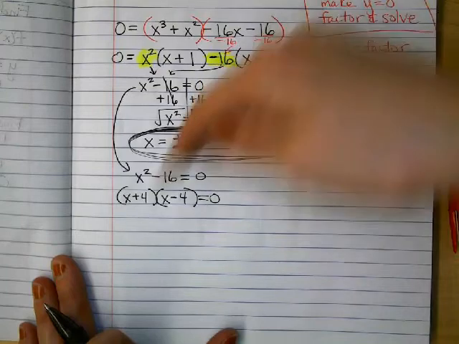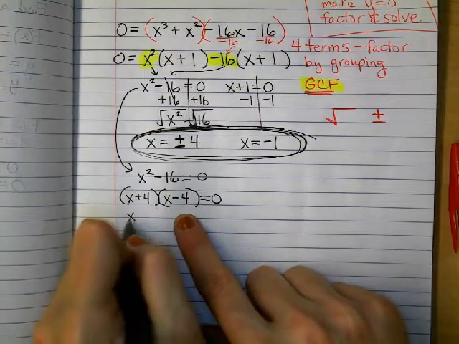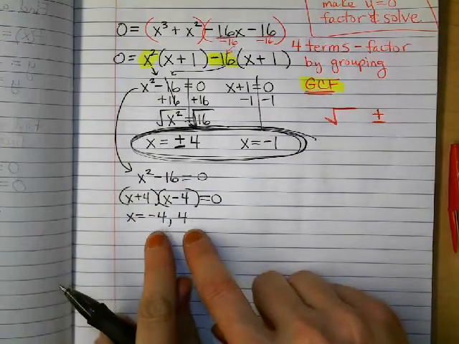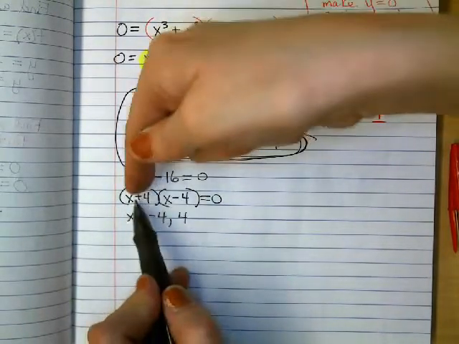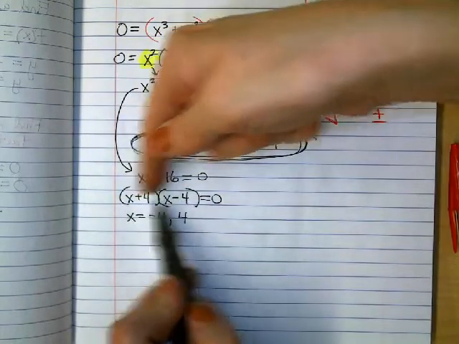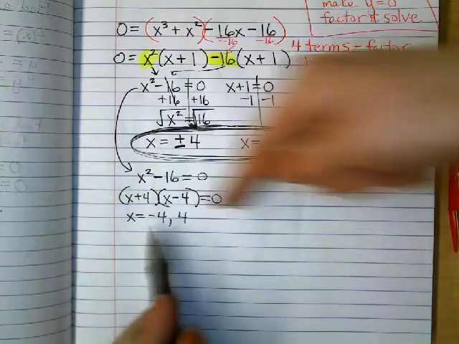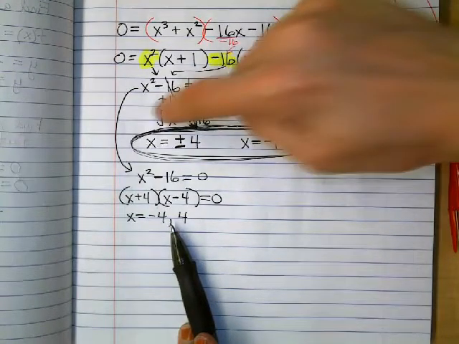The answer is still x equals negative 4 and x equals positive 4. When you factor it, one's plus and one's minus, like a positive 4 times a negative 4 is negative 16. Same answer as I did up here. Square root is easy too, though. You just have to remember it's plus and minus square root.